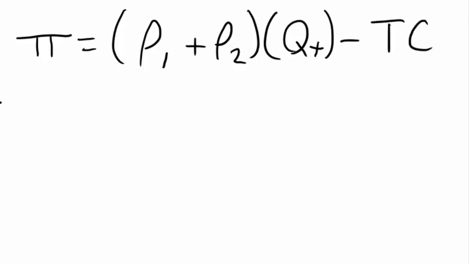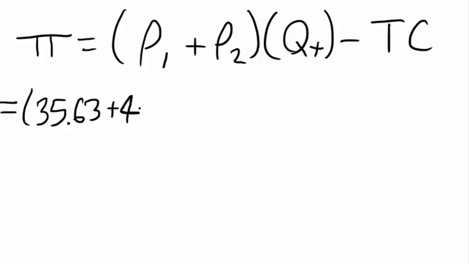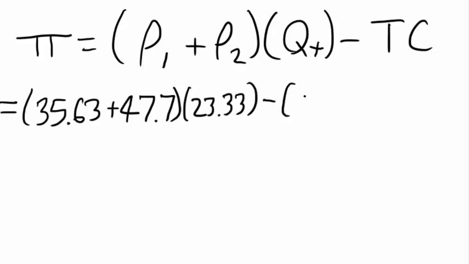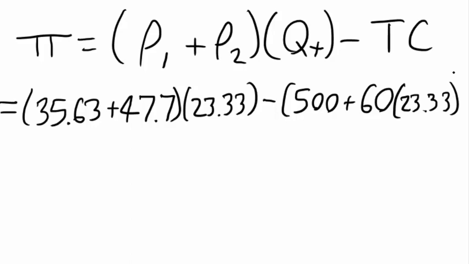And so our profit is equal to the price of the processors, or P1, of 35.63 plus the price of the graphics cards, or P2, of 47.7 times the quantity that we found earlier of 23.33, and then minus our total cost of 500 plus 60 times the quantity of 23.33.